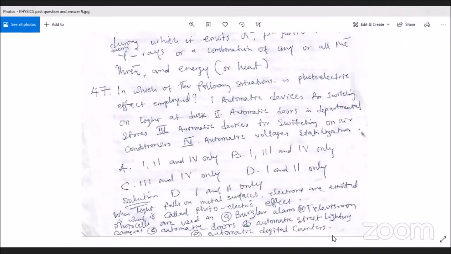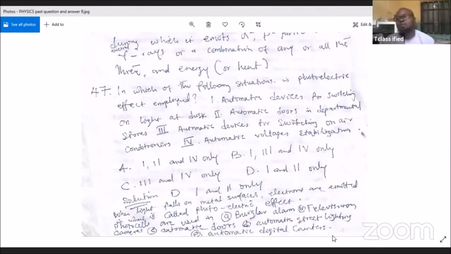Electric, as you all know, relates to electrons. So when electrons are emitted due to light, we have what we call the photoelectric effect. And that phenomenon is utilized in photocells. That is the principle on which photocells work.